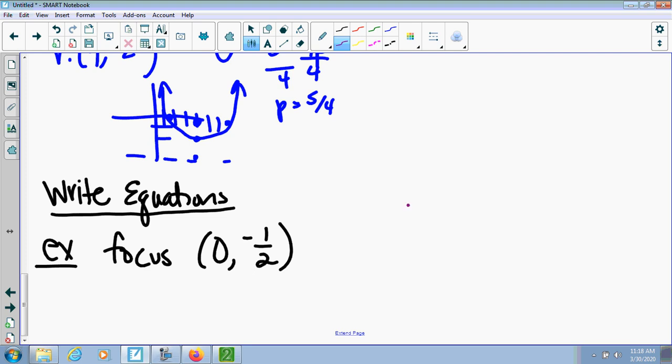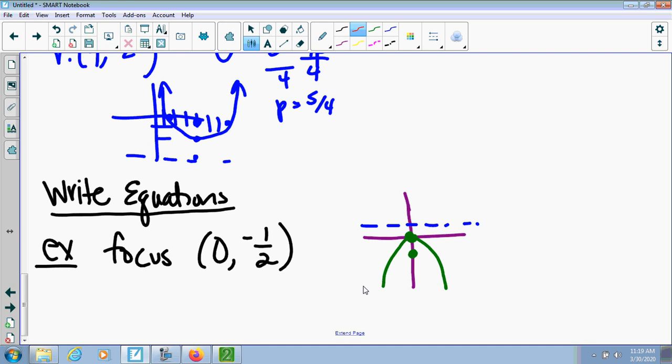So I'm just going to sketch that real quick. Here's my graph. I know my vertex is at the origin because they told us that for all of them. And our focus is 0, -1/2. So the focus is inside the parabola. So my parabola looks like that. And my directrix is going to need to be up here.